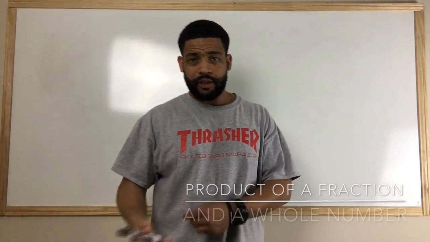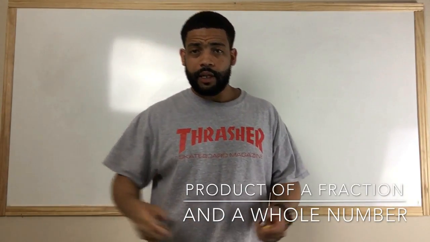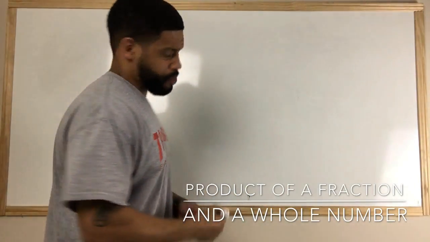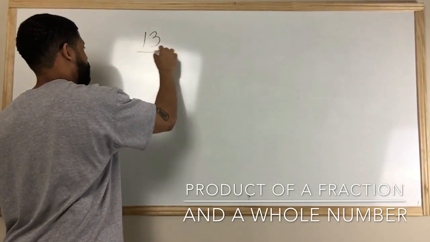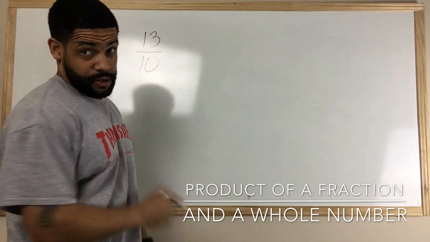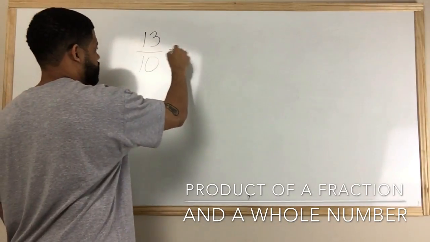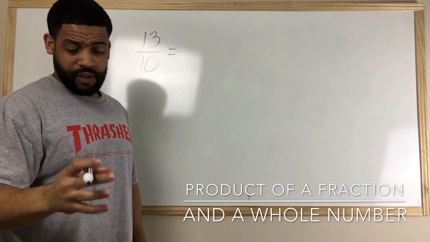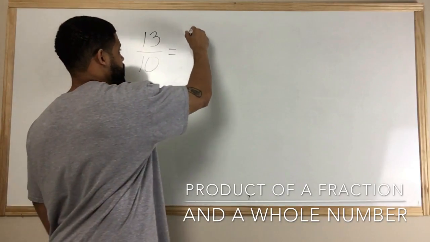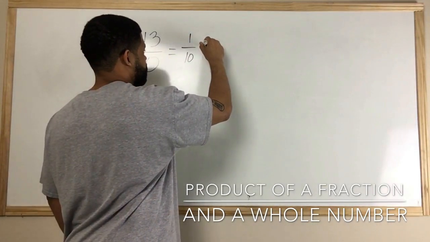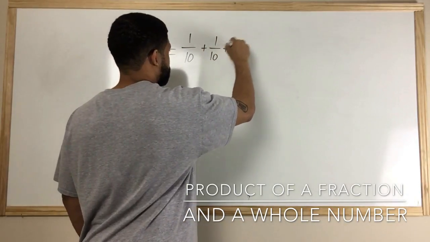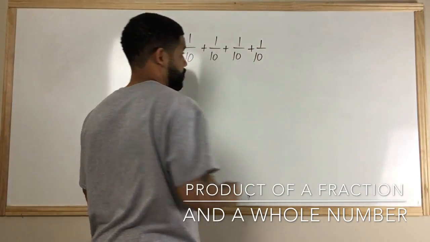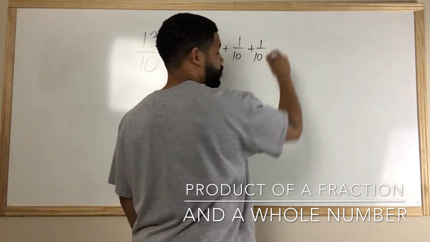Now, an extension of multiplying a whole number times a unit fraction is, what if we have several pieces? What if I have 13 tenths? Okay, so I have 13 tenths, which tells me that I have 13 pieces, and each of them is 1/10 in size. So 1/10 plus 1/10, and let's use a shorthand.